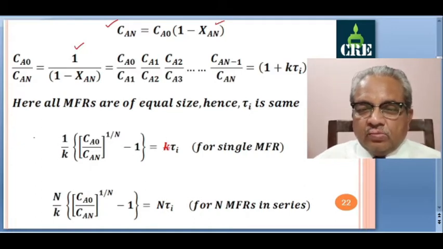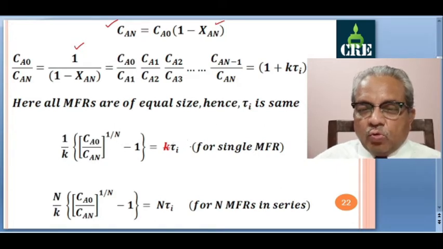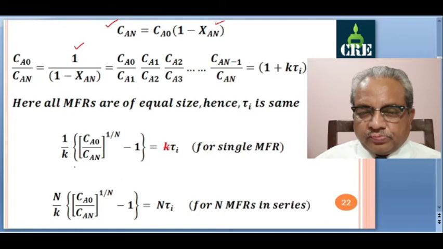So for a single mixed flow reactor we can write 1 by k times Ca0 by Can raised to 1 by n, minus 1, equals tau i, and tau i is the same everywhere, so tau 1 is equal to tau 2 is equal to tau 3. So for a single reactor you can write it as tau only, or tau 1, whatever.